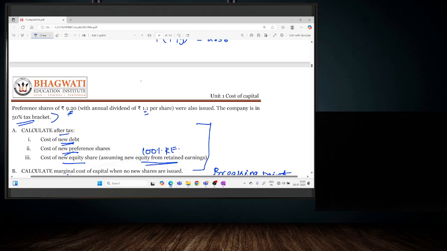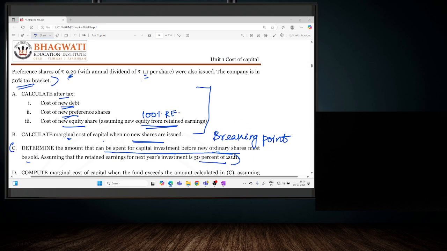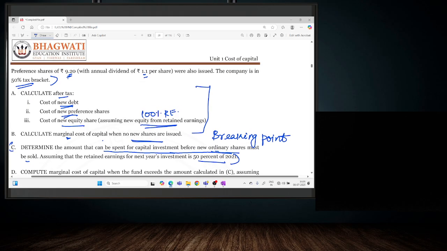So we can't calculate that. So did everyone understand the C requirement? Clear? So rupees 14,750 can be raised without issuing additional equity share capital. If they want to go beyond 14,750, additional equity share capital must be issued.